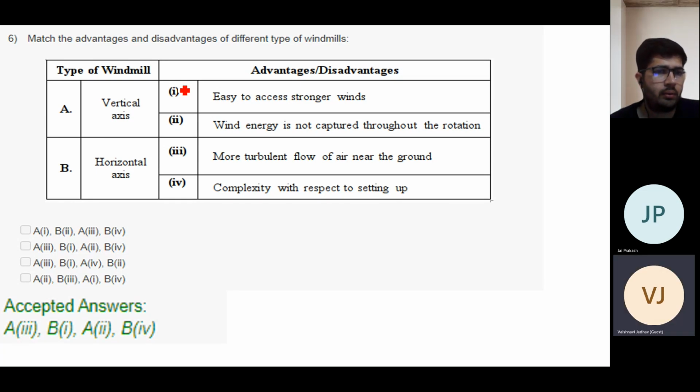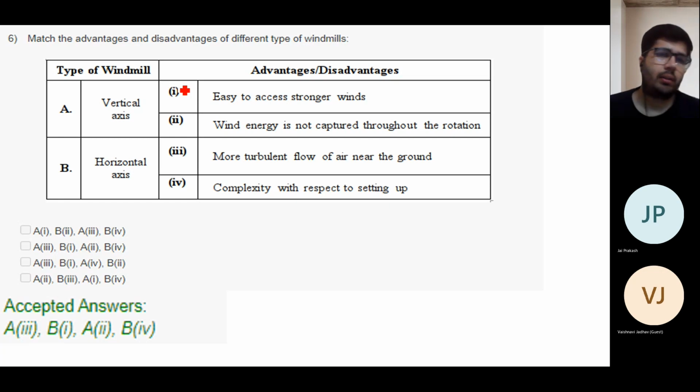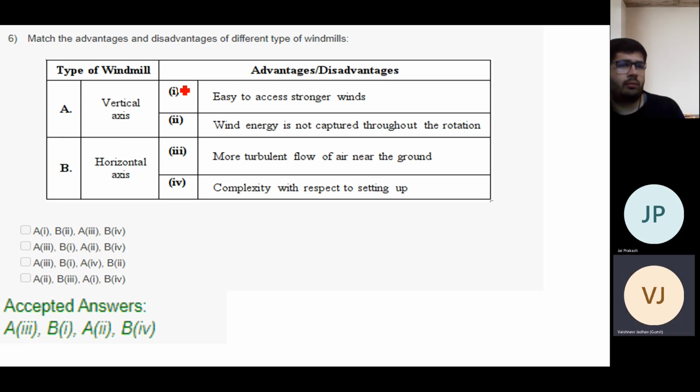For horizontal, the equipment is huge generally. Now, what is the major difference between the vertical and horizontal? Try to think. In one, the generator is at the top, and in the other, the generator is at the bottom. Which one has the generator at the top? The horizontal axis.